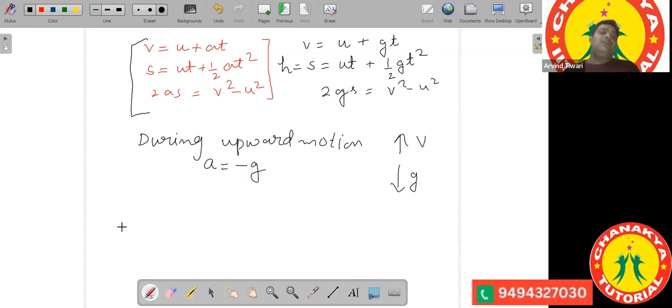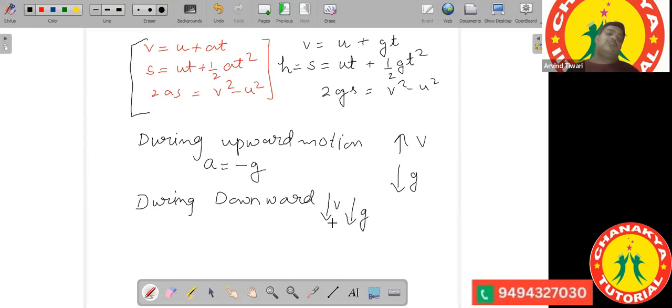Okay, and during downward motion, so if you are calculating for the downward motion, we observe that the object is moving in the downward direction. So this is the direction of velocity. The same is the direction of acceleration.